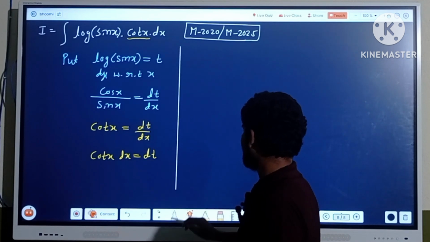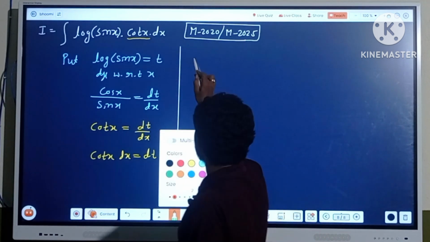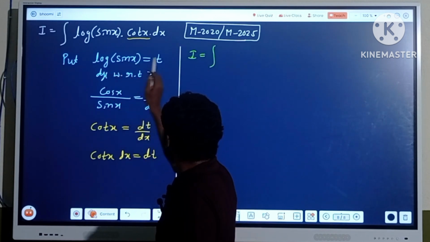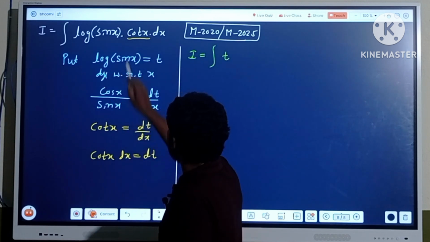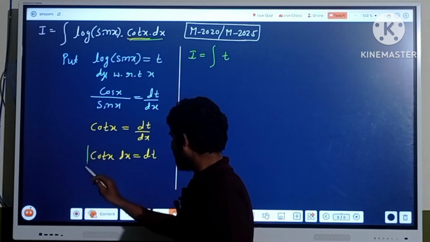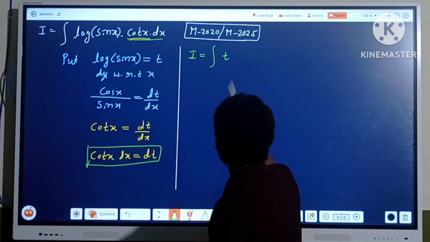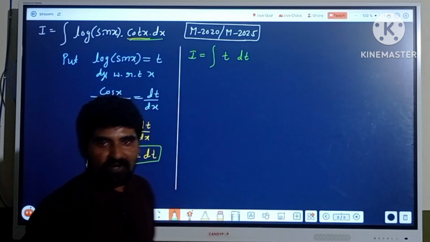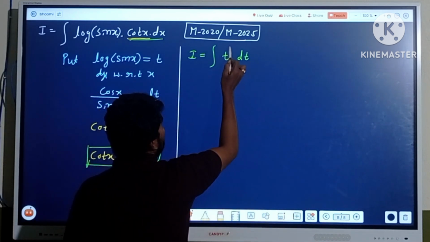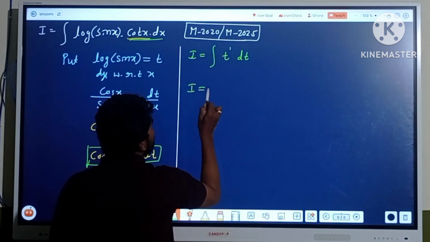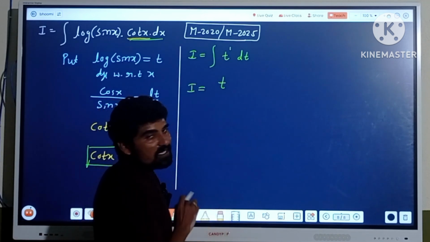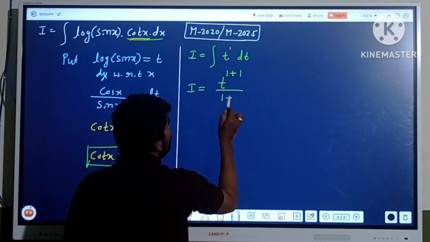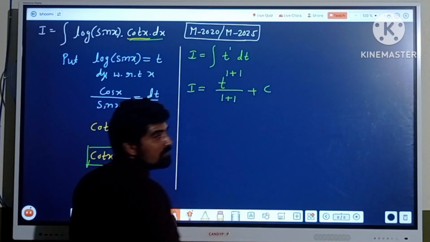Now by using this substitution, the integral I is equal to the integration of log sin x, which is t, and what remains is cot x dx, which is equal to dt. So t dt. Now we can easily integrate this by using the standard formula: the integration of t power 1 is t power 1 plus 1 divided by 1 plus 1, plus c.